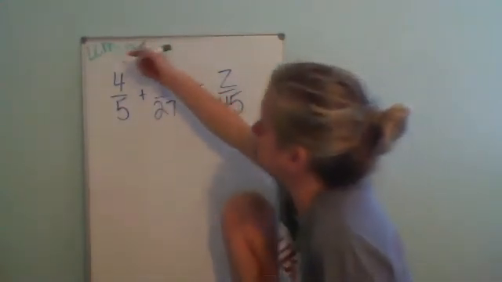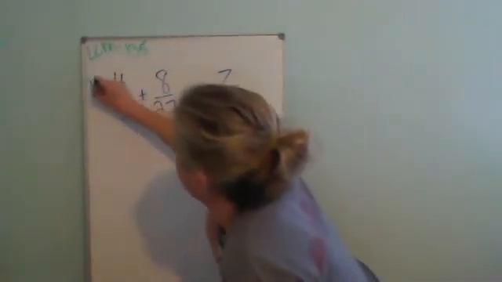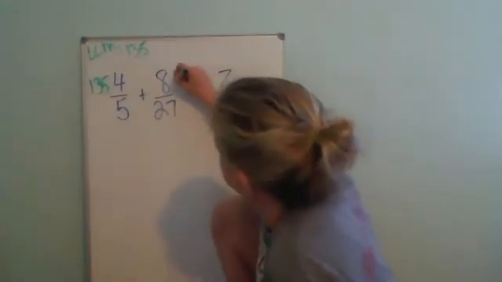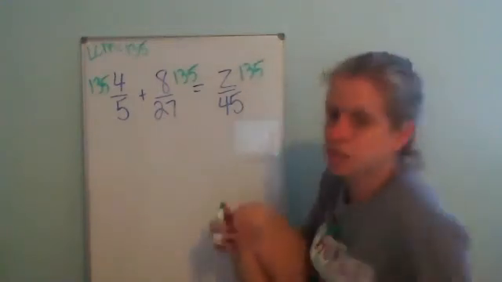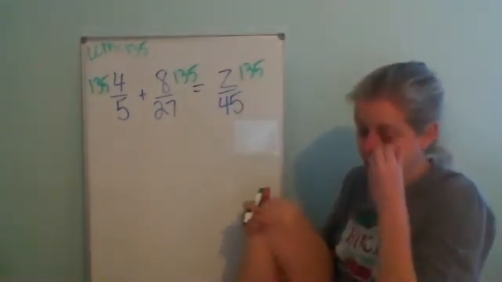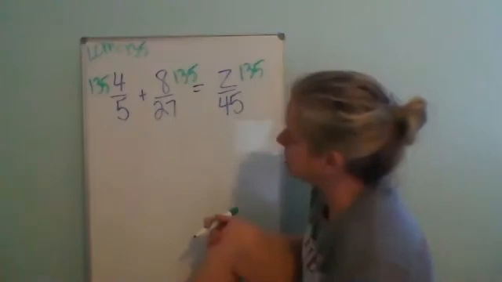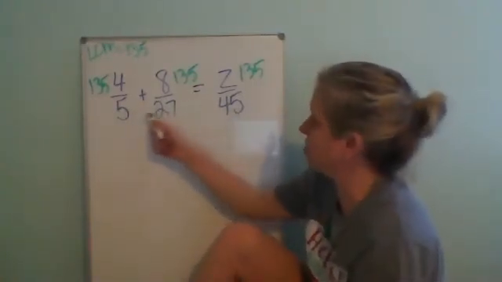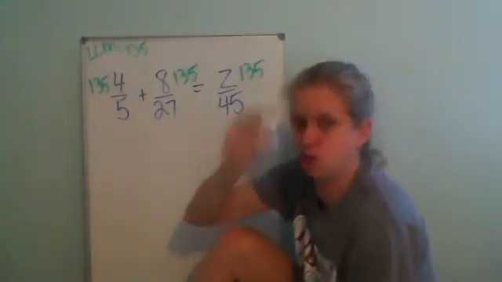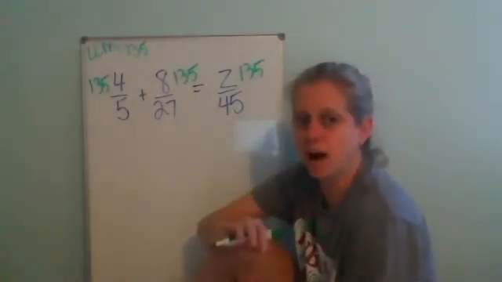Well, here's what I'm going to do. I'm going to give everybody a 135 up top. So just giving everybody a 135. After I do that, now what did I do? I made sure that all 3 of those denominators went evenly into 135, right? That's why I'm using it.